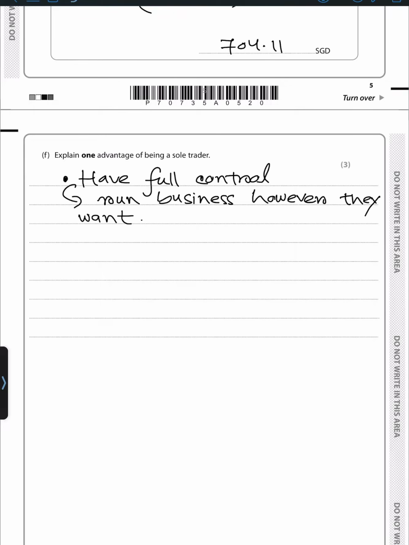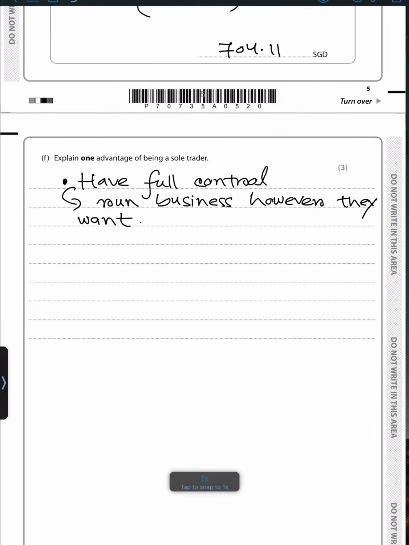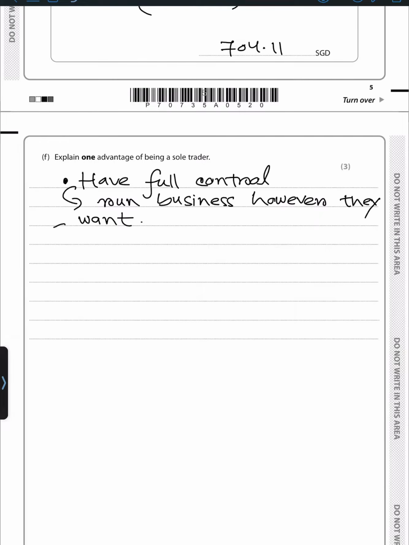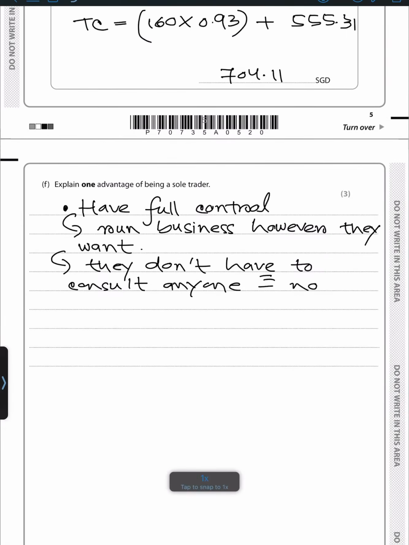And if they can run the business however they want, that is again beneficial because they don't have to consult others. And hence there are no conflicts.